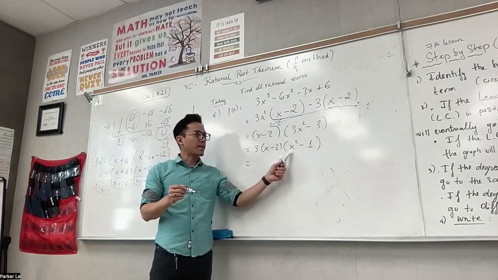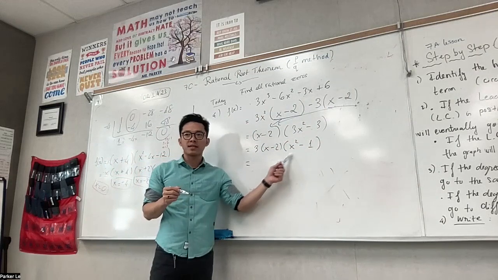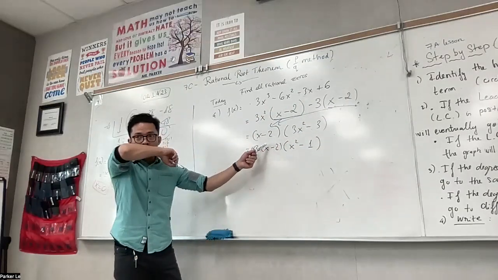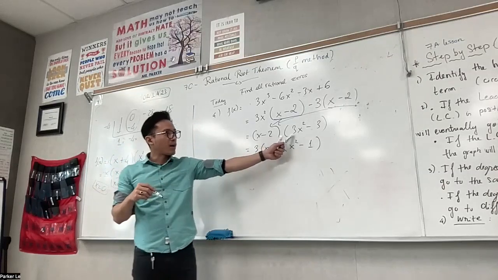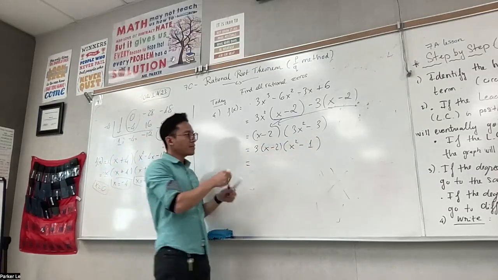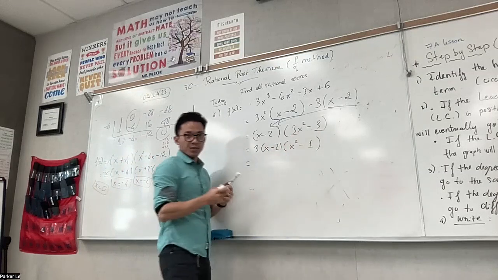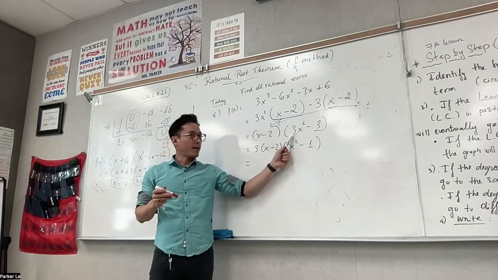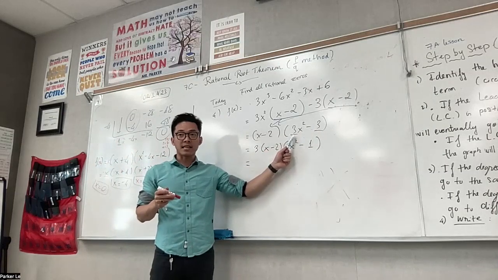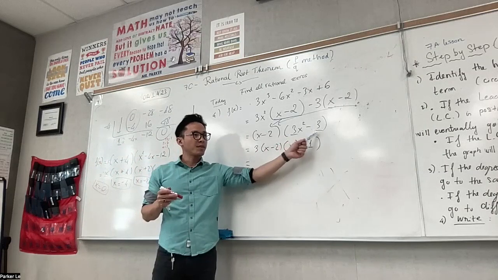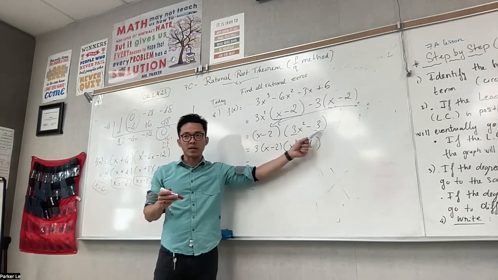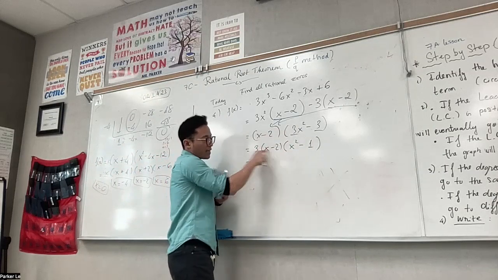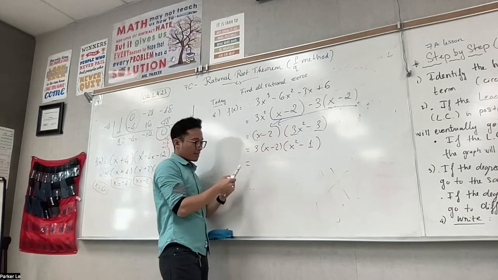Right. So now here, how can you break up this? These are two terms. You have to say it out loud. Put the 3 in the front. I took out a 3 right here. That's the GCF for these two, 3x squared and minus 3, so I can take out a 3.